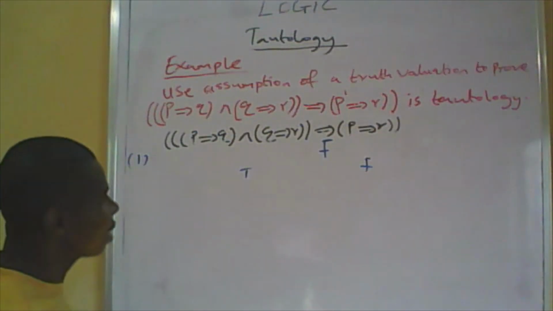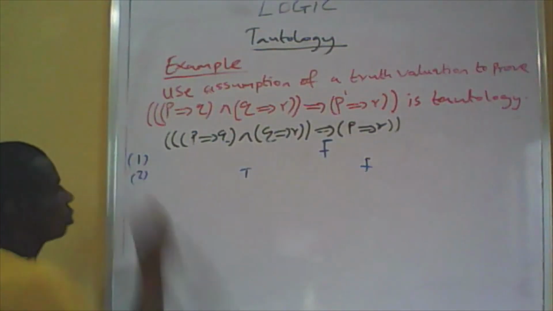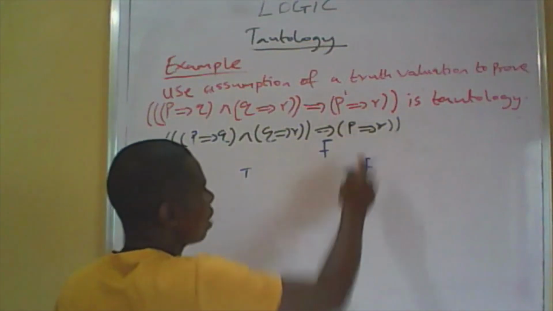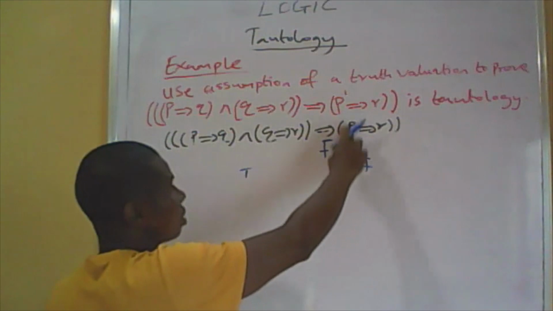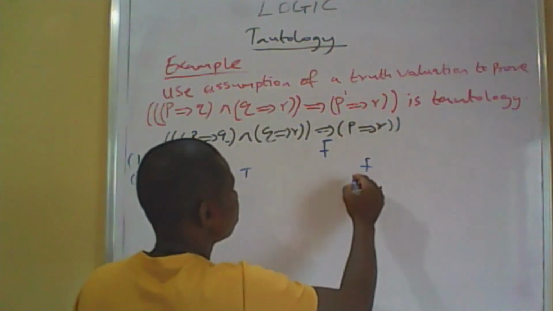To go further, we continue with this one, call this line 2. You come here, P implies R. We write it can only be false when P is true and R is false.